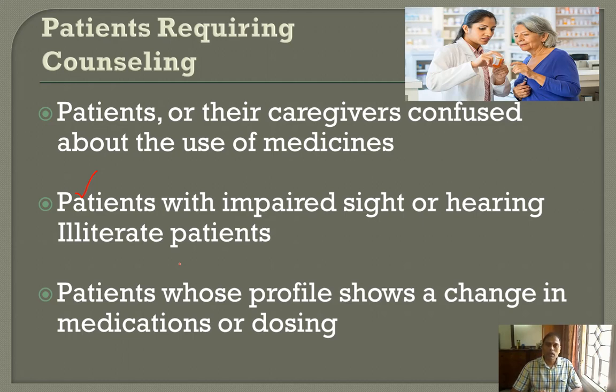He may discuss with the patient, but it will be only on the disease, not related to the medicine. So in the case of a patient having a sight problem or hearing problem, definitely much more importance needs to be given to patient counseling for this kind of patient.